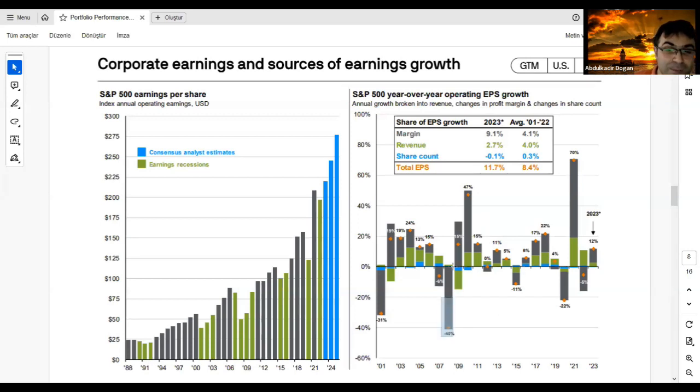Look at it here, the 2008 global financial crisis. EPS directly contracted approximately 40%, then in the next year it increased approximately 47%. So if you have a contraction in a crisis period, the next year will be a huge opportunity for EPS growth.